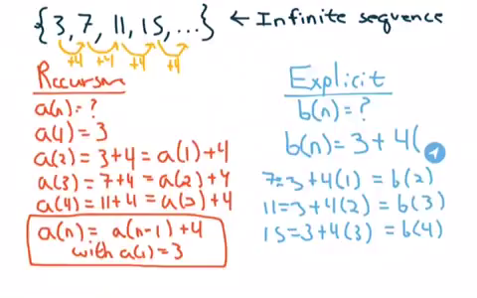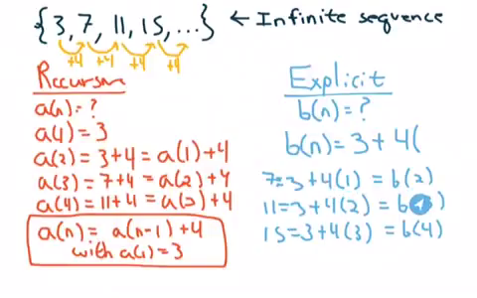Now you may notice, this 2 would be our n here. This 3 would be our n for the third term. Our 4 would be the n for the fourth term. And notice what we're multiplying the 4 by every single time. It's always 1 less than the n value that we're plugging in. So if this is 2, 2 minus 1, that's 1.